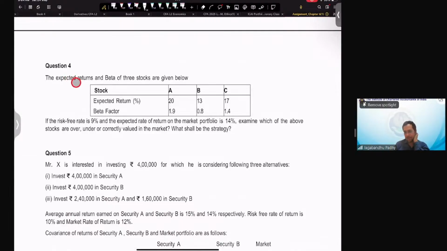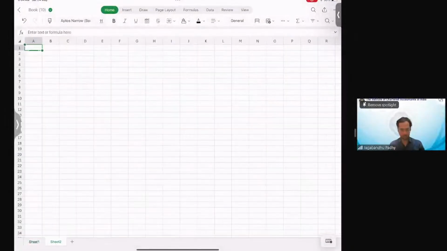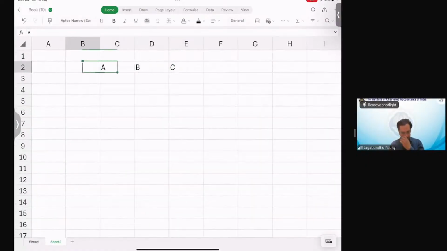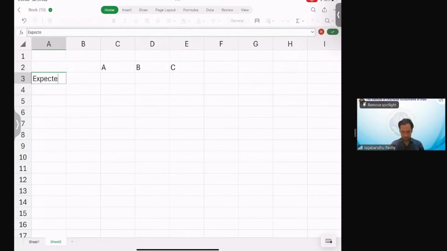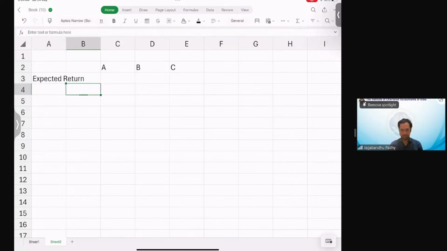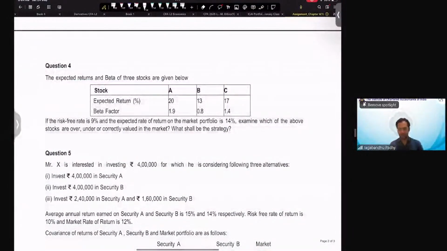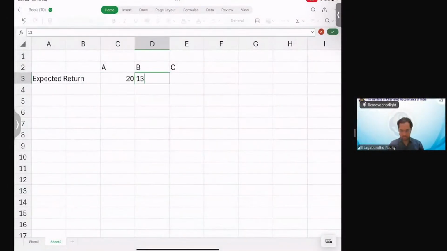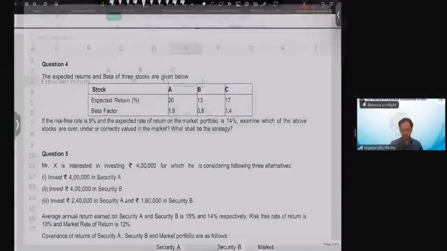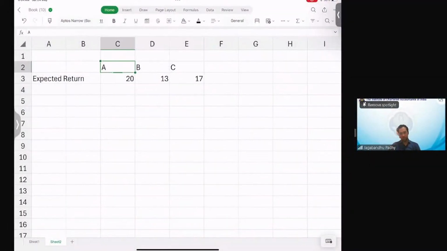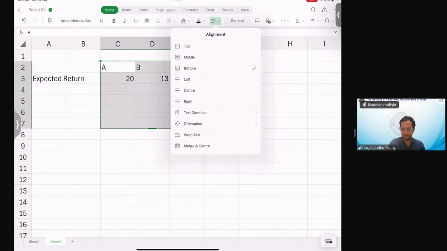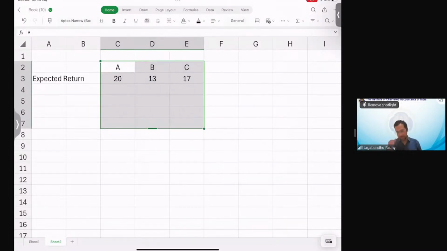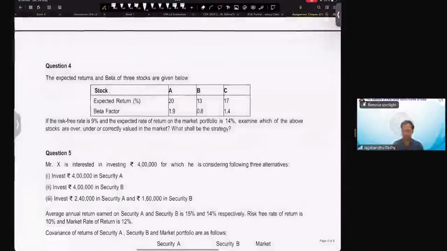So expected return and beta of 3 stocks are given below: A, B, and C. Expected return of A, B, and C is 20, 39, 70.